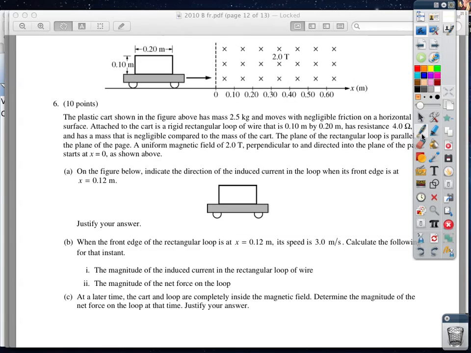And what? That is Faraday's law. Change in flux over change in time is Faraday's law. What does it tell us happens? What happens when you get a change in flux over change in time? It's one of your equations. You get EMF.